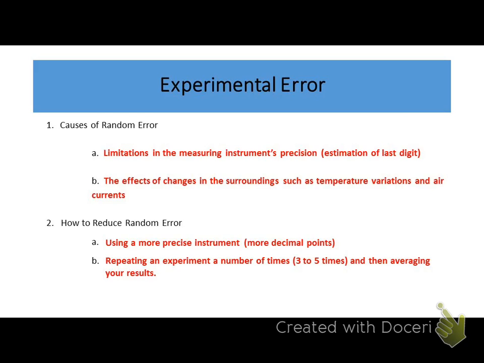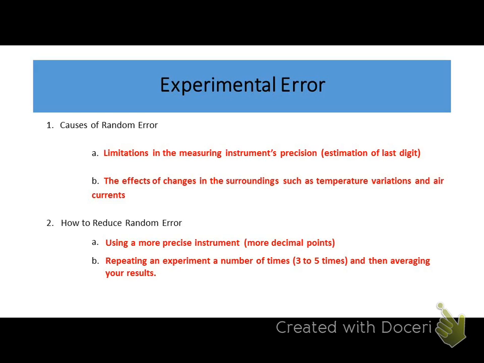How do we reduce random error? Well, simply this. We need to use a more precise instrument, one where we can record more decimal places. That will help to reduce it. Repeating an experiment a lot of times, 3 to 5 times is what's recommended, and then averaging those results, really does help reduce the random error.